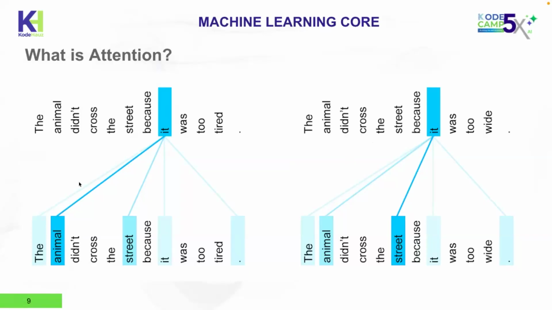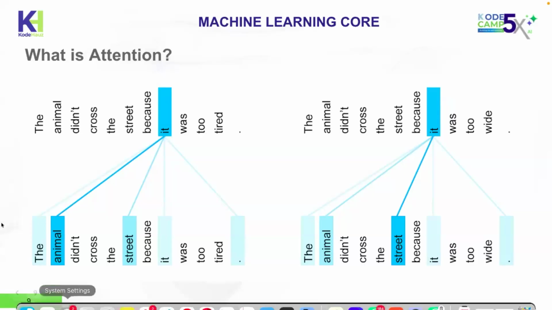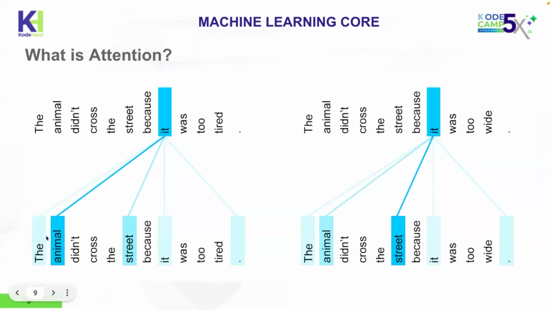When you say the animal, you can see that this is a representation of the attention matrix. Each of the words here, the animal didn't cross the street because it was too tired, now has a way it maps to this.